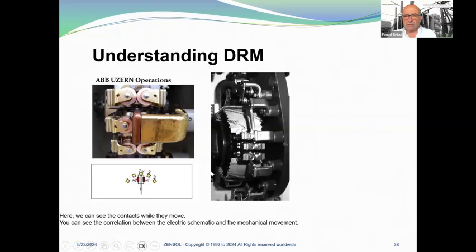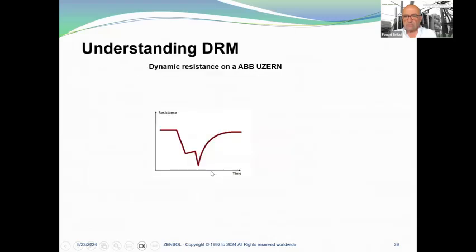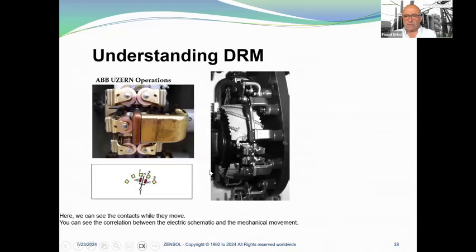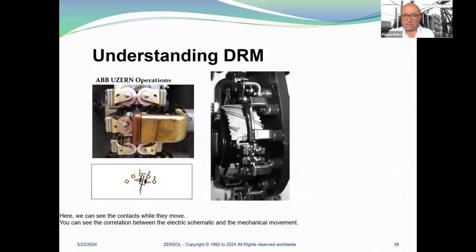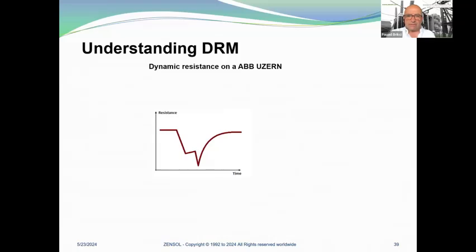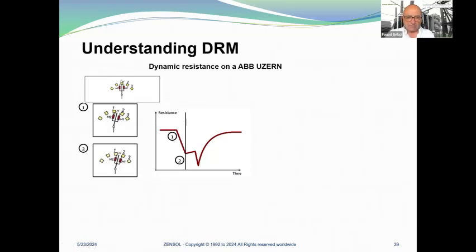So I go back just to show you how this works. And at the same time, we get the impacts and we get the DRM signal and the current. So this is the electric association with the mechanical part.